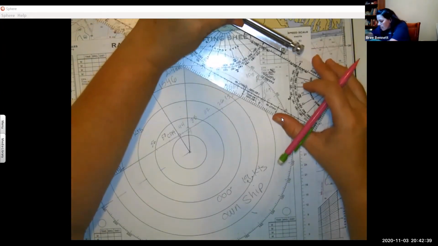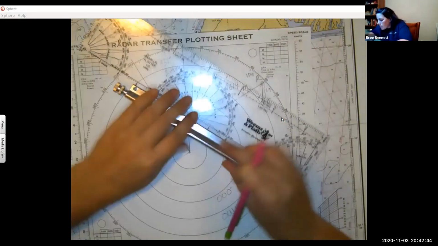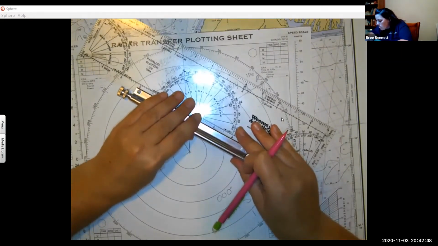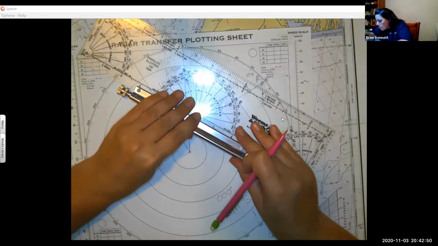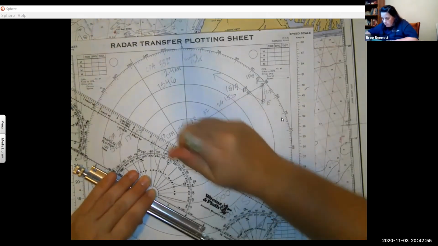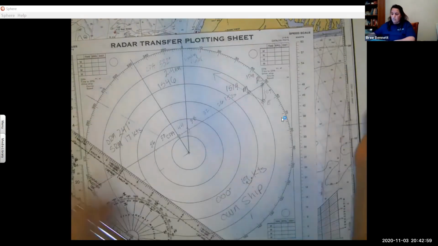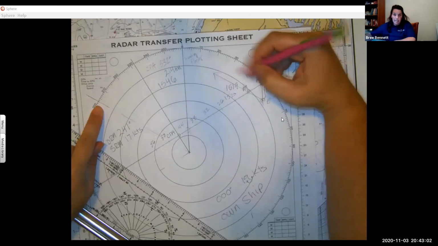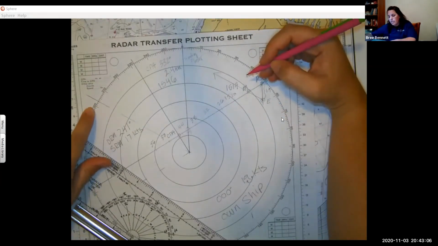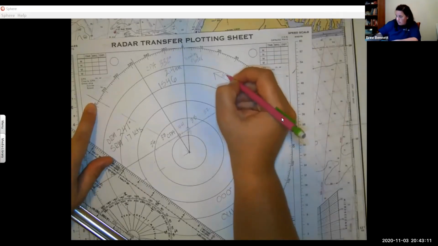And then I'm going to parallel that. We have to do it like this. So that E to M line, that direction is going to be 303. This line is 303 degrees.